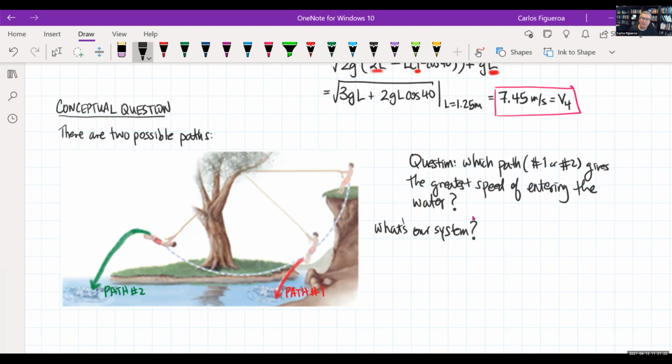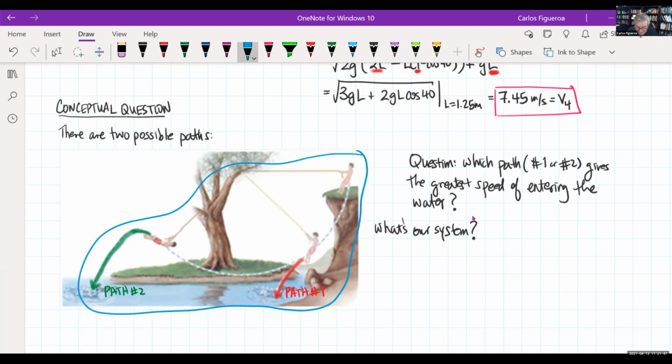The person that we're really paying attention to is who? This person that's going to swing on the rope here. But one of the things that's important is that when I look at my system, I'm looking at my system through this whole process here.